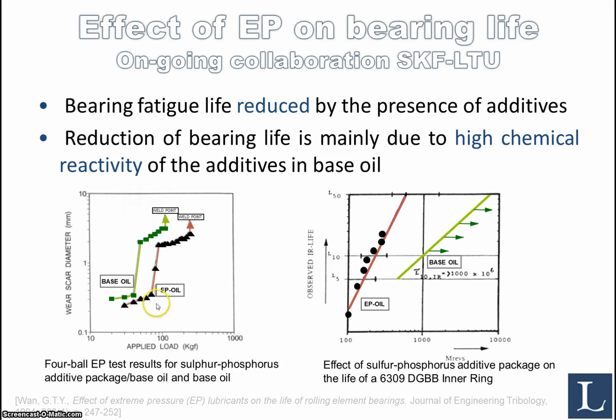You can see that for the EP oil this is much higher than for the base oil. But if you look at the number of revolutions and the life of the bearing, you get opposite behavior where the EP has a negative effect on the life of the bearing, and this is because you have high chemical reactivity of the additives, and that has a negative influence on the life of the bearing.